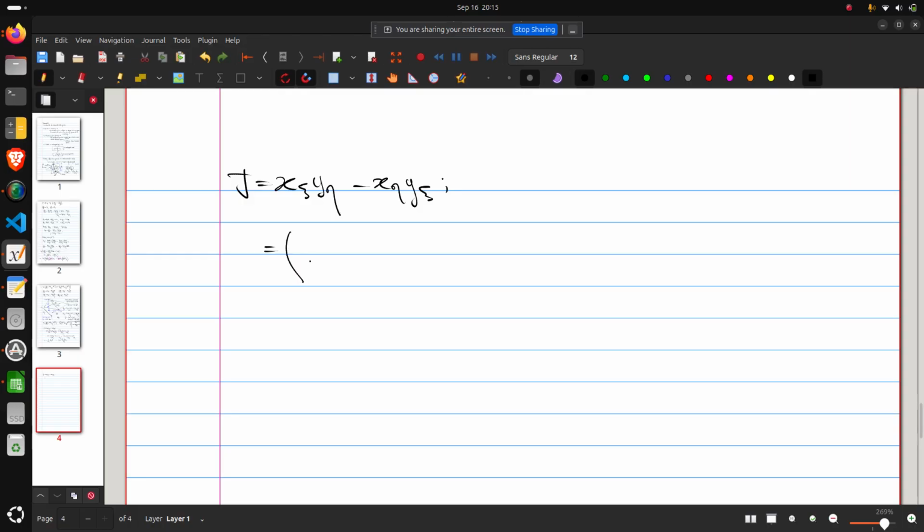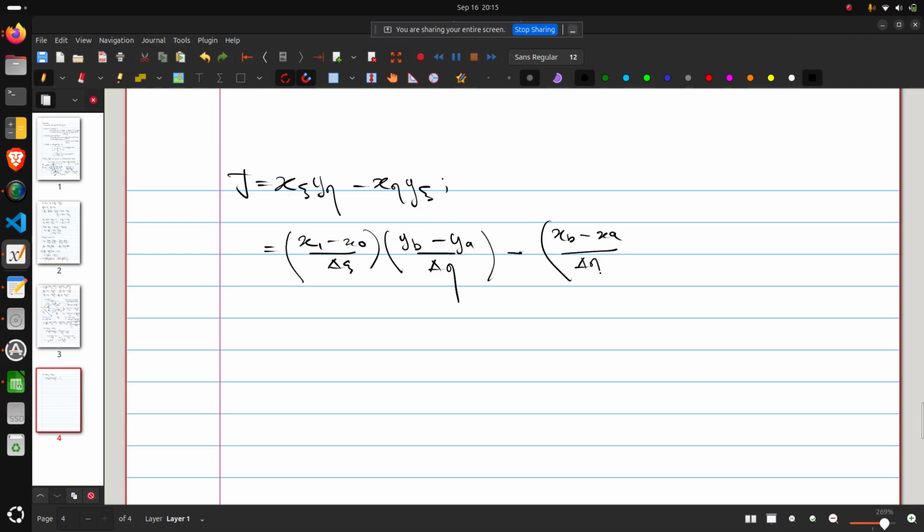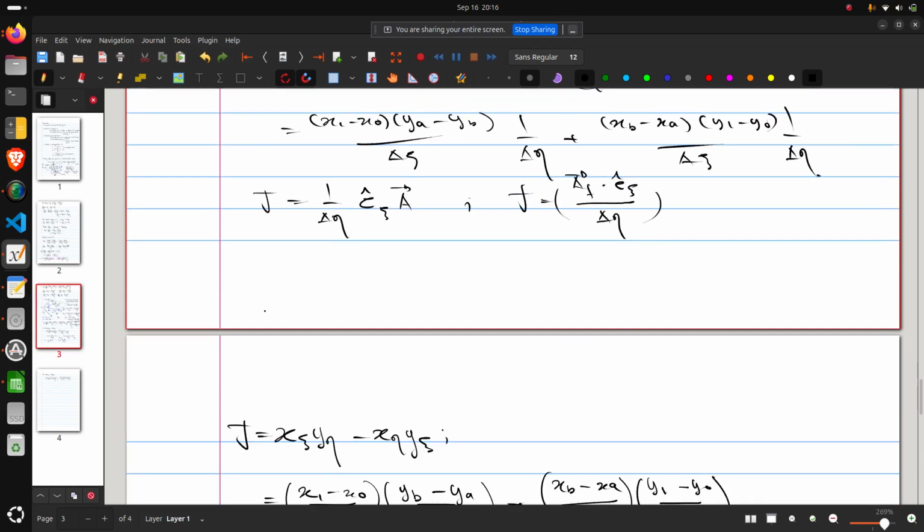So if we just expand all these things, and what are the area vectors that we had defined?